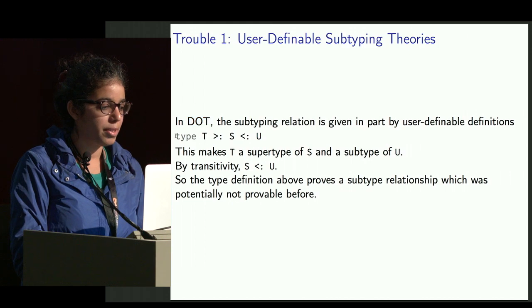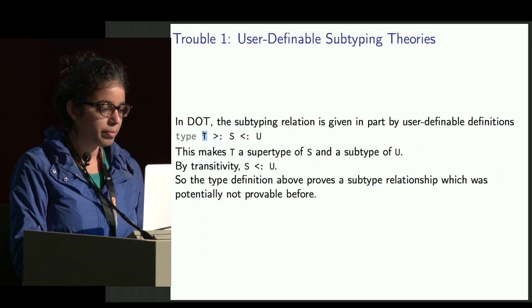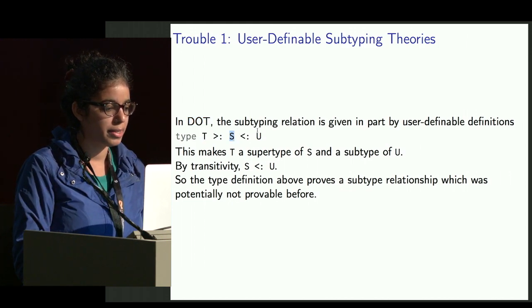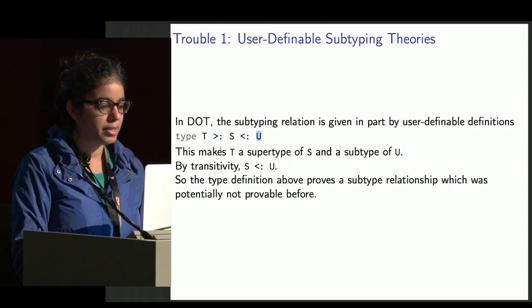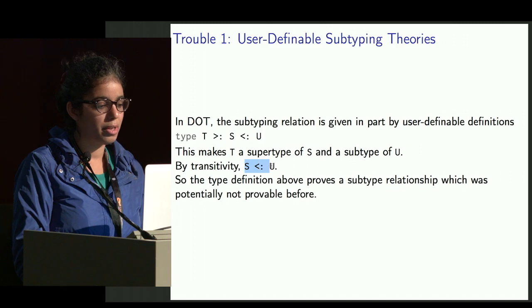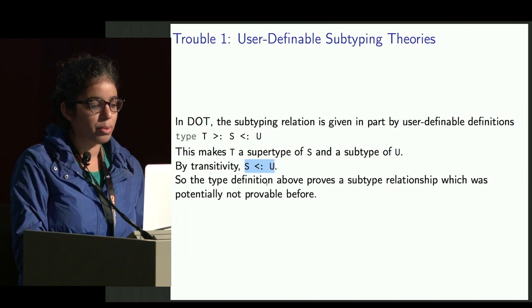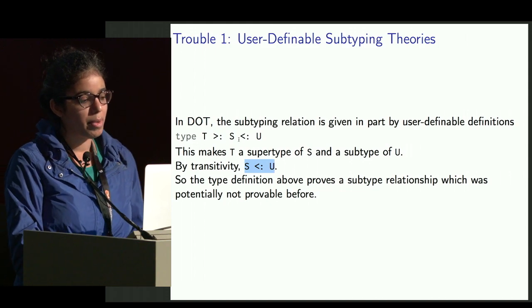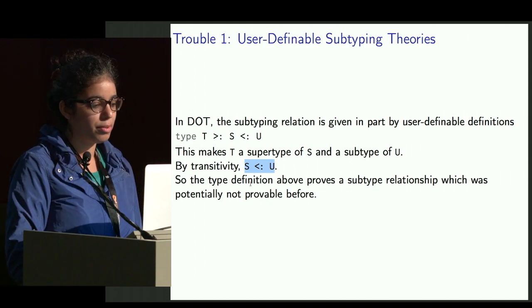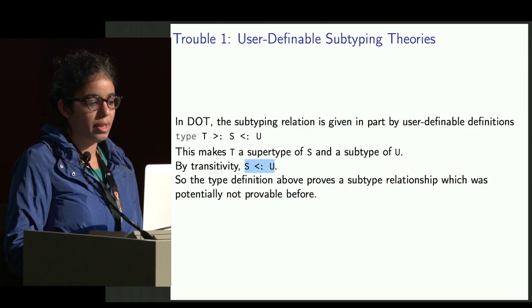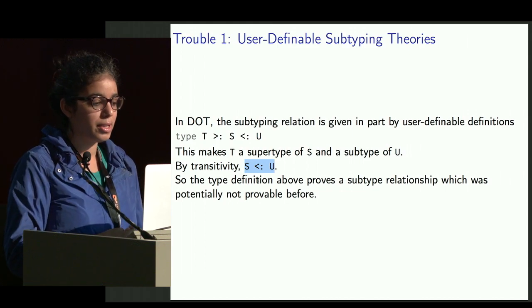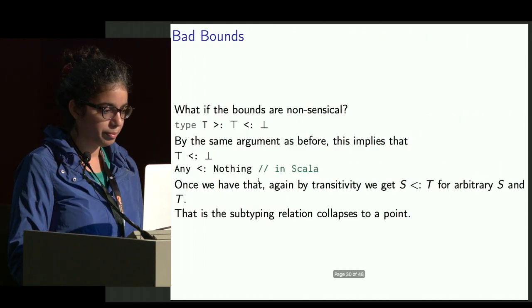When you have a type member T with a lower bound S and an upper bound U as types, then by transitivity you're admitting that S is a subtype of U. So just by adding type member definitions, you might be admitting relationships that were not provable before.